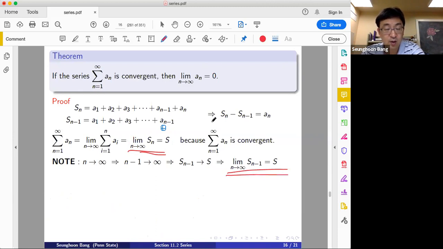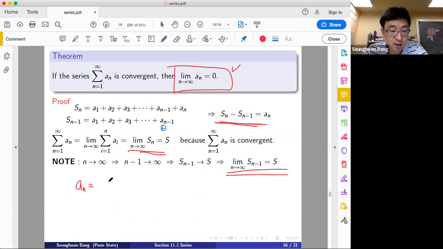The next thing, we can check whether this conclusion is true or not. We can use this result here. a_n is S_n minus S_{n-1}. We can take the limit of both sides, as n approaches infinity.